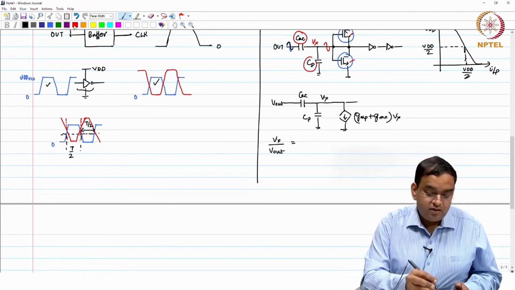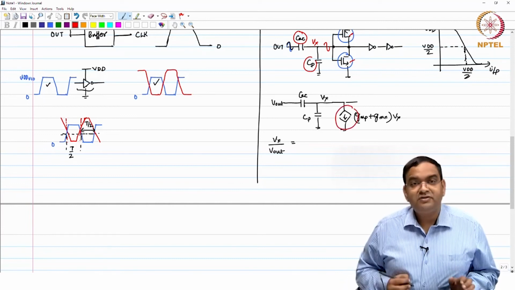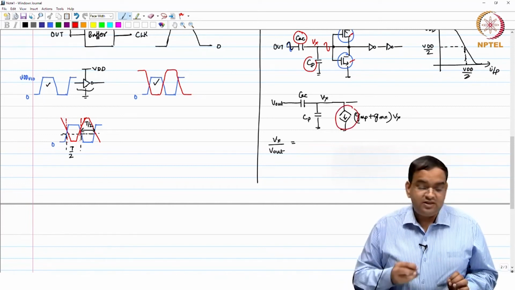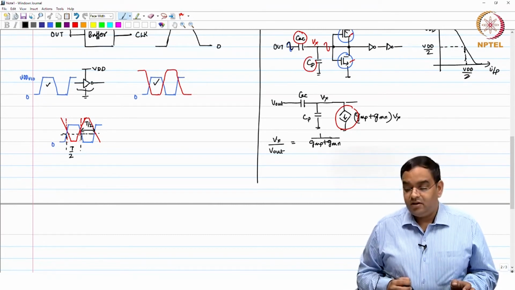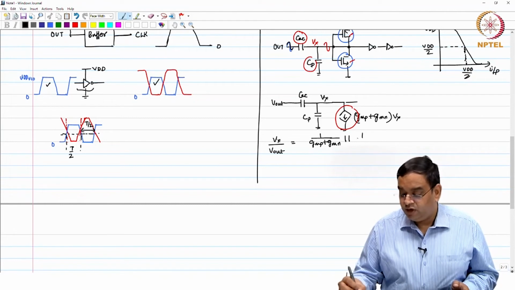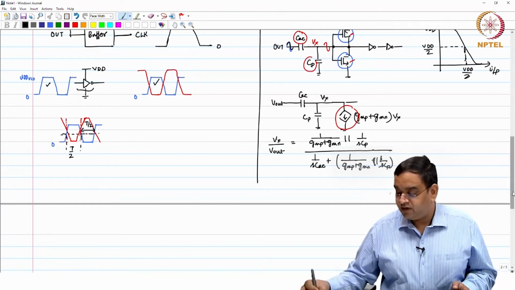So, effectively this will act like an impedance of 1 over GMP plus GMN. So, what we are having is 1 over GMP plus GMN, in parallel with 1 over SCP, whole divided by 1 over SCAC plus 1 over GMP plus GMN in parallel with 1 over SCP. So, that is what you have, the transfer function.